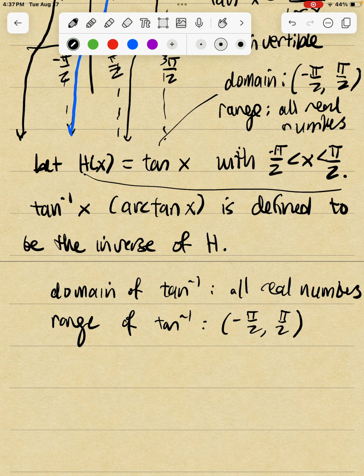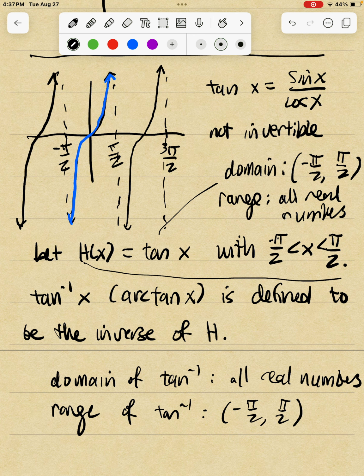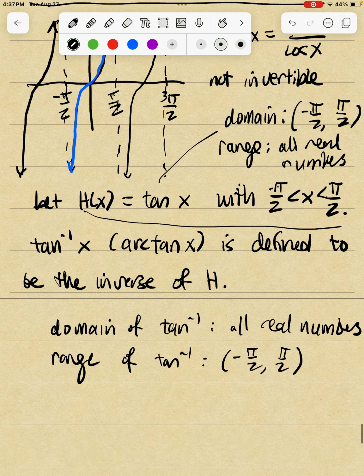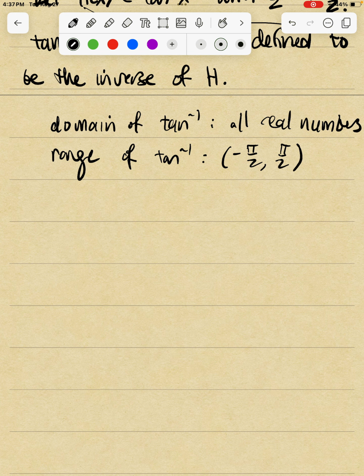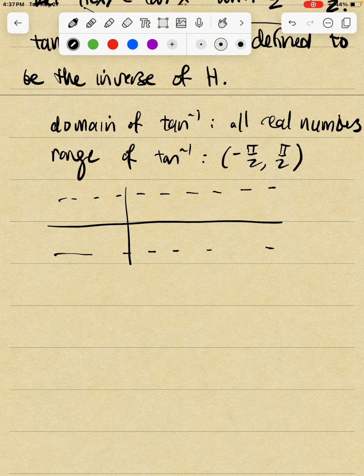And the graph is just obtained by taking this blue curve and flipping it about the line y equals x, and what it looks like is, so here's pi over 2 and negative pi over 2. It's going to look like this.